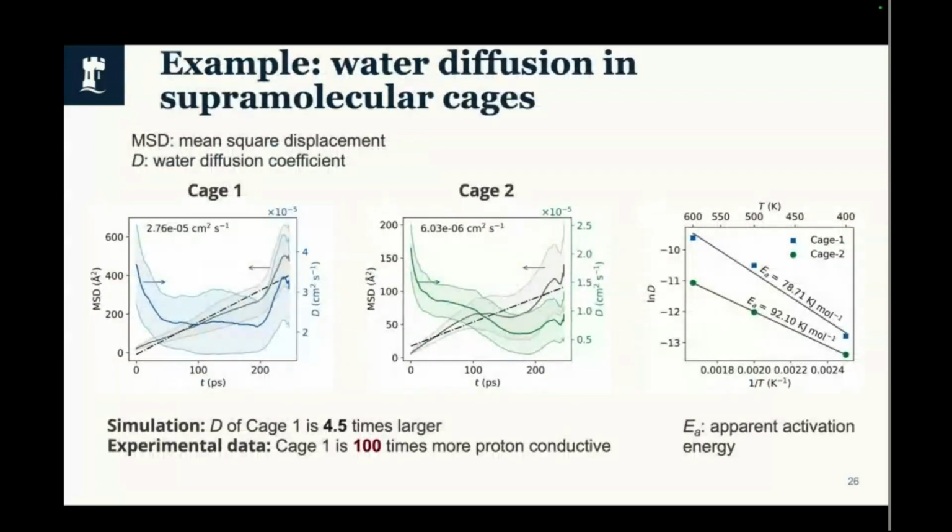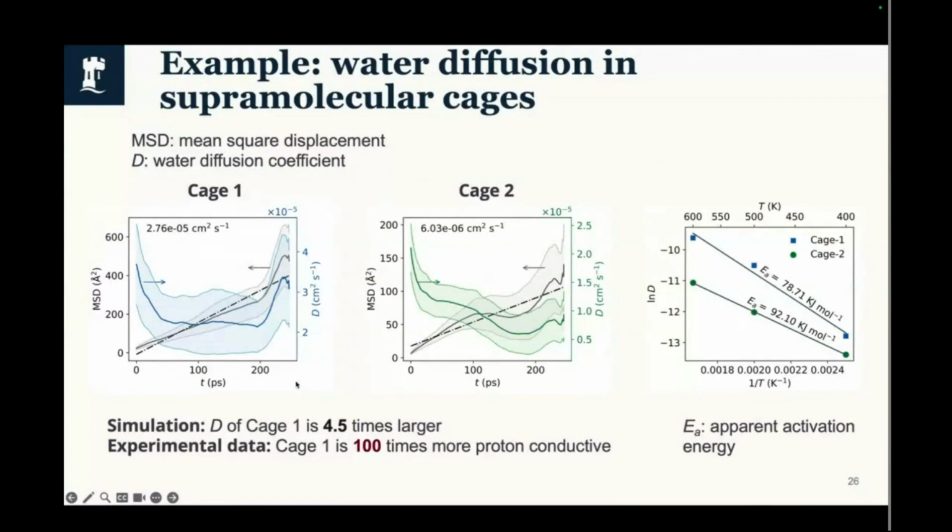So we did simulations under different temperatures, and these are the diffusion coefficients under, I think, 500 Kelvin.